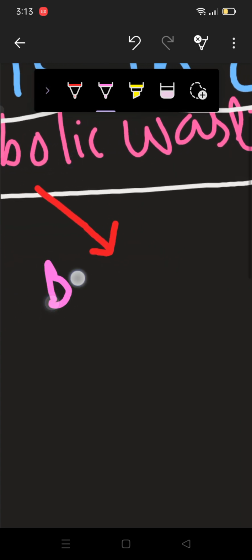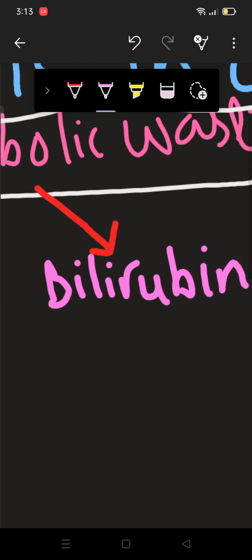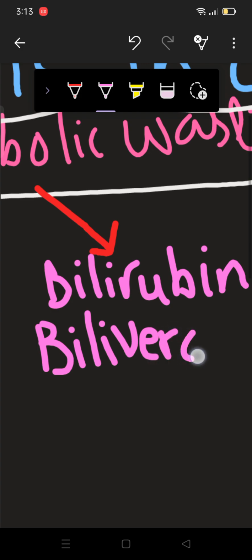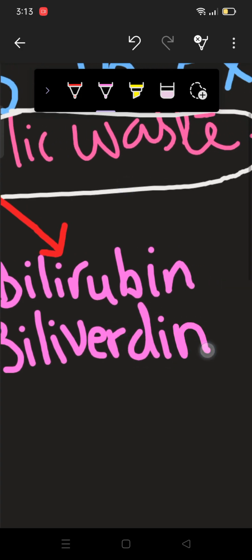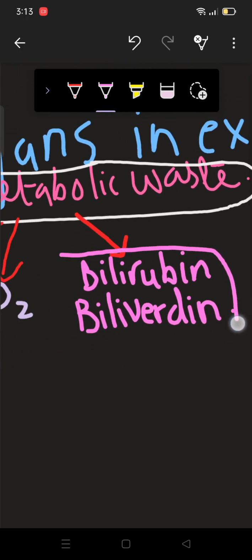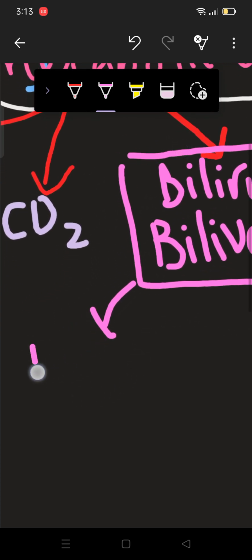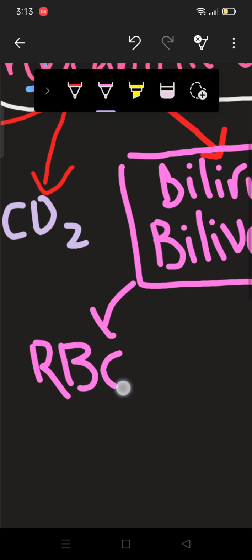Third, we have bilirubin and biliverdin. And they both are involved in what? RBC death.